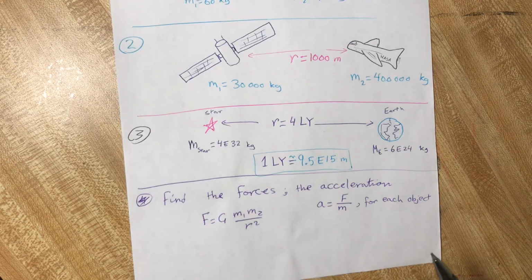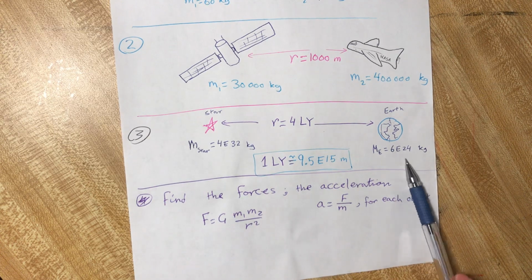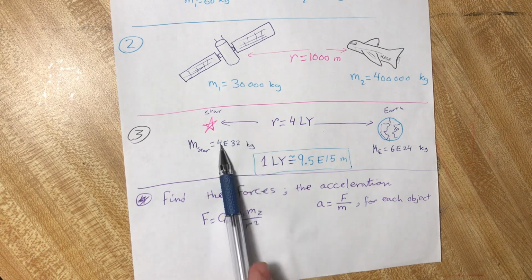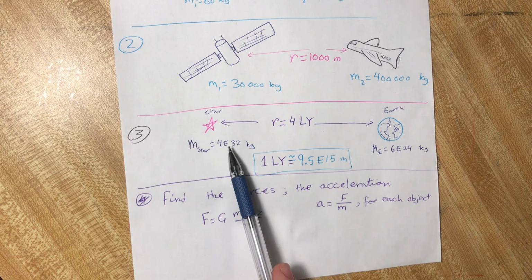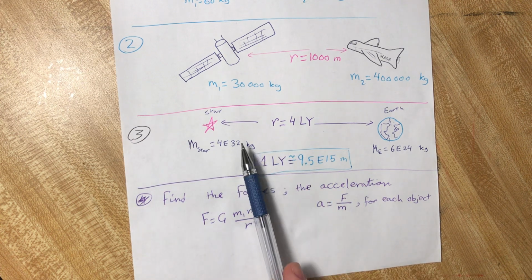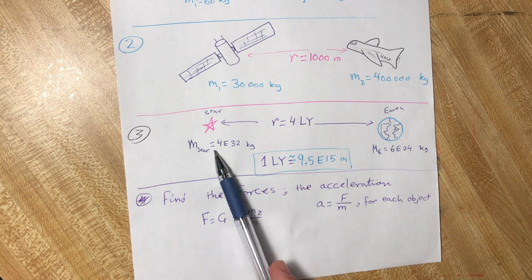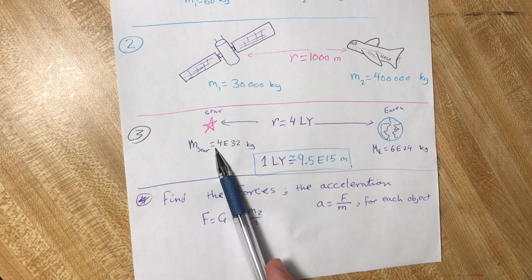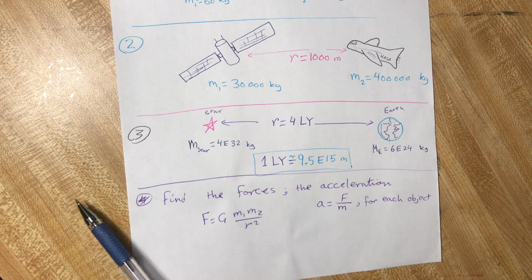What if we have the earth? We know its mass, and we have a far star. Let us call it Alpha Centauri, for example, which is the nearest star to us after the sun, about 4 light years away, and its mass, for example, is 4 multiplied by 10 to 32 kilograms.